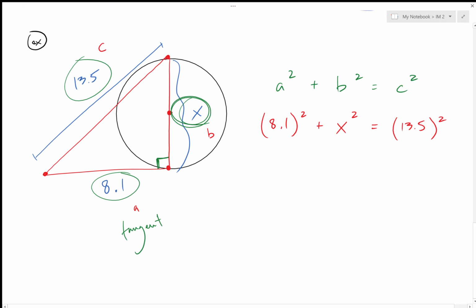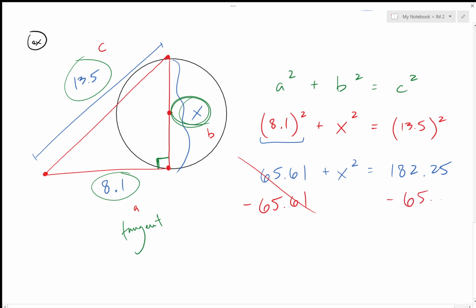So 8.1 squared is 65.61 plus x squared equals 13.5 squared, which is 182.25. I like using all the decimals now, and then eventually we can reduce it down or simplify it later, round it, minus 65.61 on both sides of the equal sign.